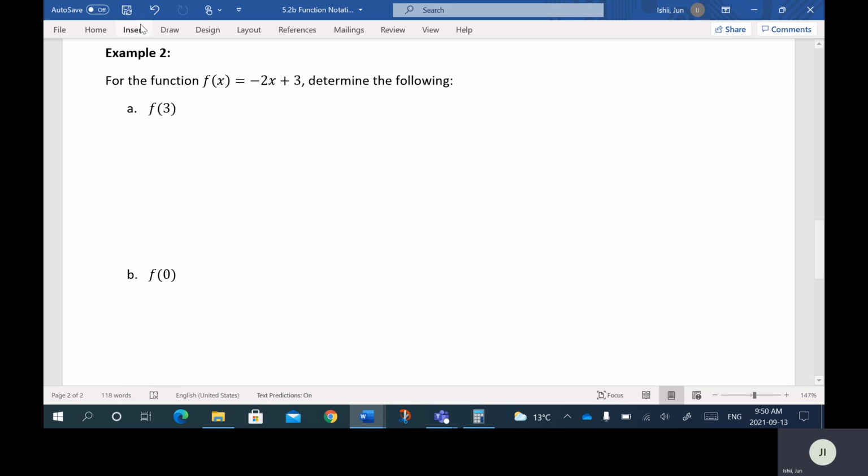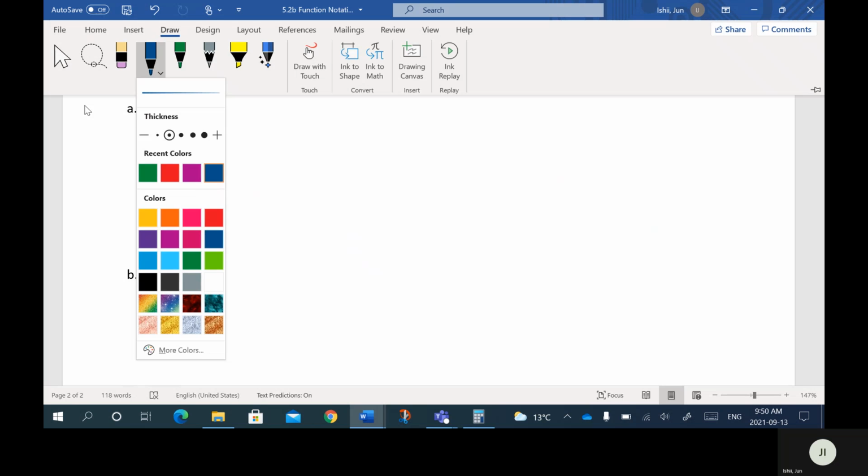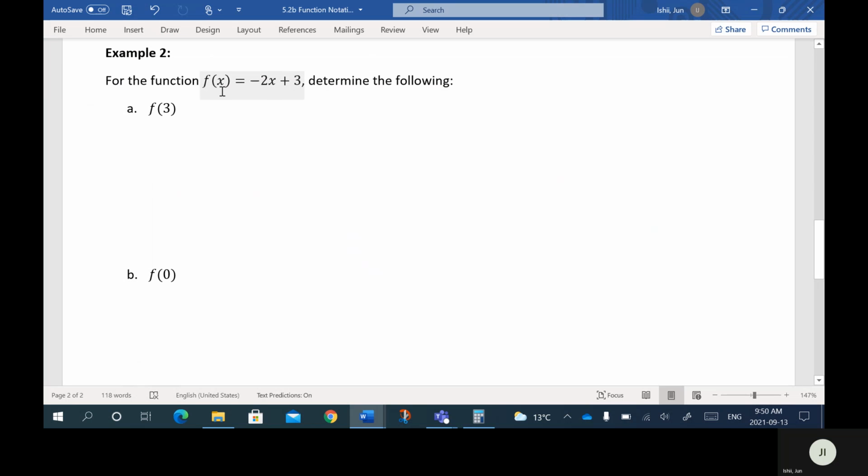For this next example, f of x equals negative 2x plus 3, and we determine the following. The first one, we want to find f of 3. The letter f is traditionally used because it stands for the word function.